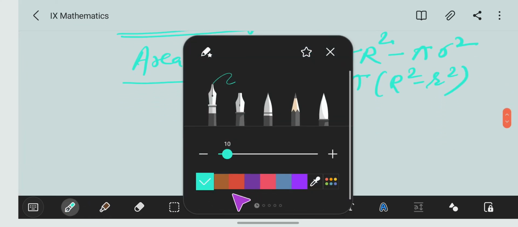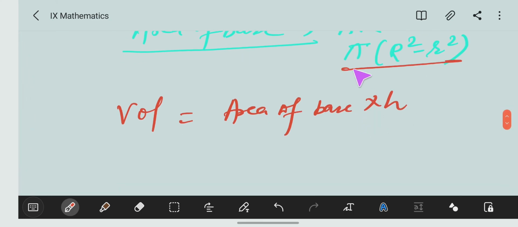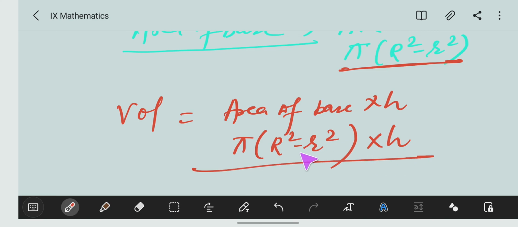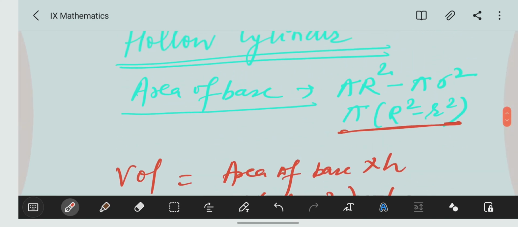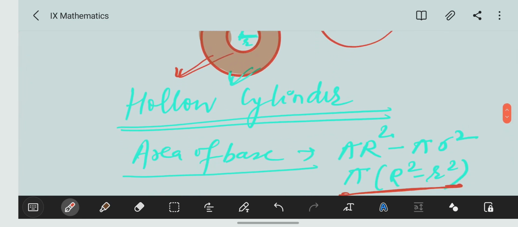So volume is nothing but area of base multiplied by height. The area of base is the concentric circle area, that becomes pi (R square minus r square), and multiply by the height, because when you keep placing one object on top of the other, you get a hollow cylinder.